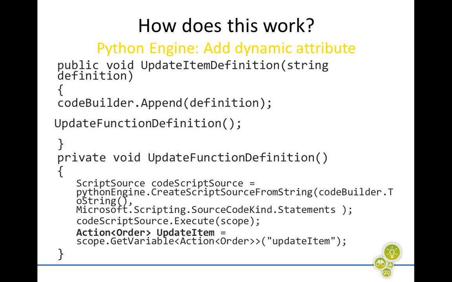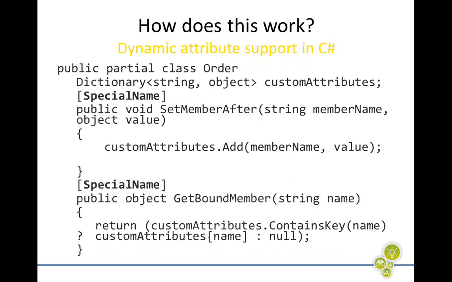So this is a simple way of doing that. Within the order object, I maintain a dictionary of key value pairs. And there are two functions, try get member and try set member or whatever. These two functions are called by the Python DLR hosting code when it tries to assign to a C# object.